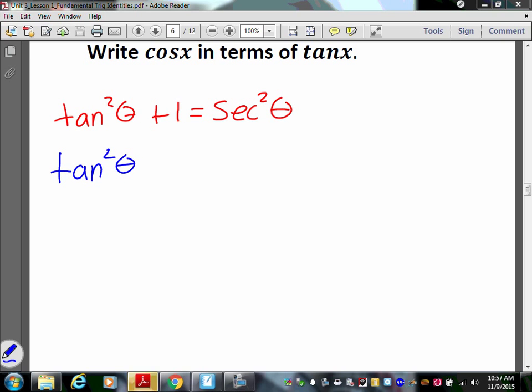Since it's secant squared, it's cosine squared. So right now I kind of have a function of cosine squared in terms of tangent squared, but I want cosine in terms of tangent. And I don't want 1 over cosine. I just want regular cosine. So I'm gonna get rid of this fraction by multiplying both sides of the equation by cosine squared.